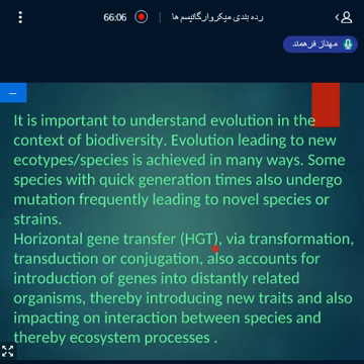Horizontal gene transfer, or HGT, via transformation, transduction, or conjugation also accounts for the introduction of genes into distant related organisms, thereby introducing new traits and also impacting on interaction between species and thereby ecosystem processes. So, two reasons for evolution: one, mutation, and the second is horizontal gene transfer.